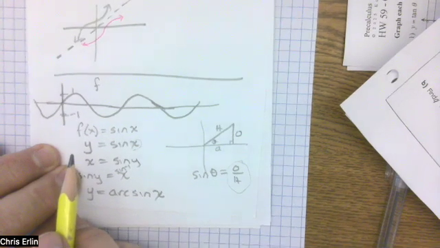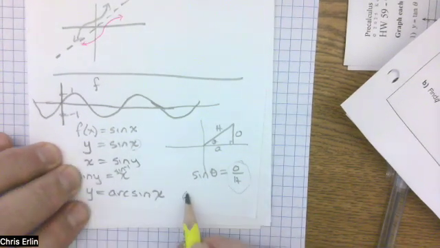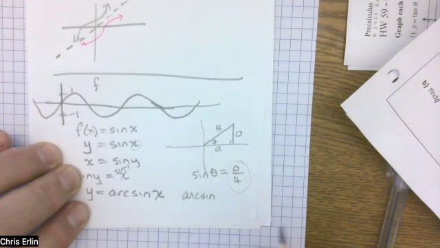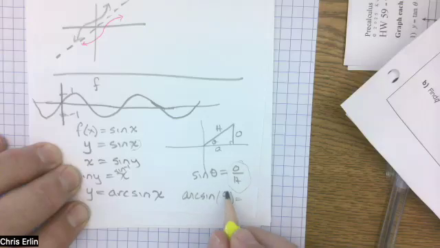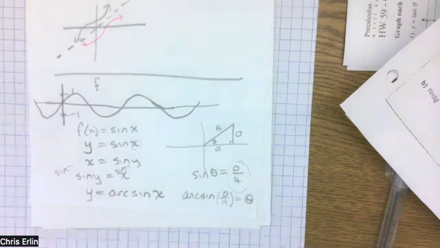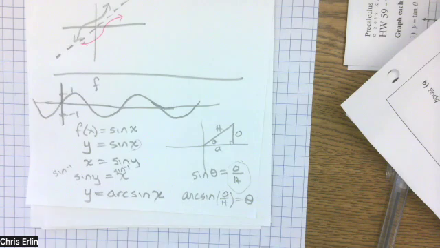With me? Which means the arcsine does what? It takes a ratio of side lengths and says, with those side lengths, this is the angle that's in that triangle. It goes from a ratio of side lengths to an angle measure. Agreed?